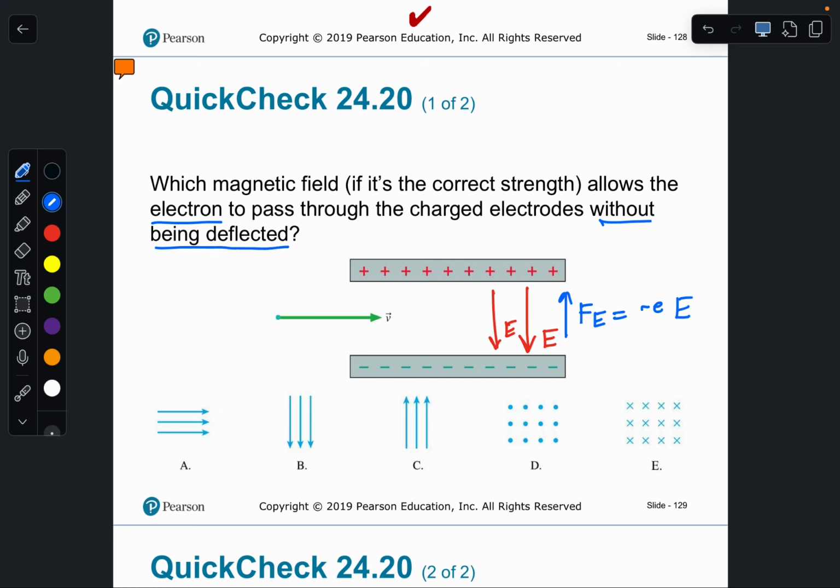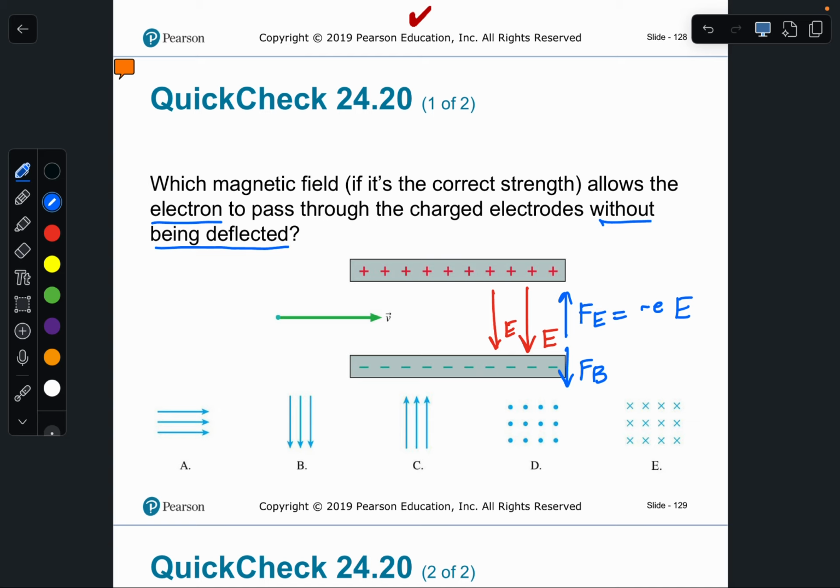So essentially, what the question is asking is, FB would need to point down, so that the sum of all the forces in the Y adds to 0, and you don't have any bending.